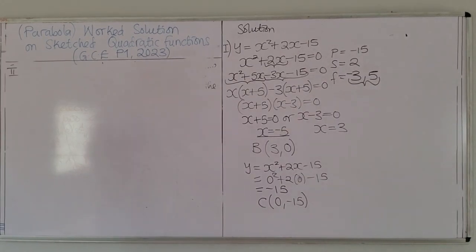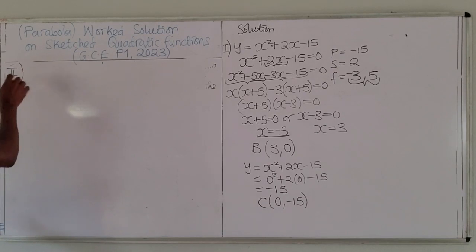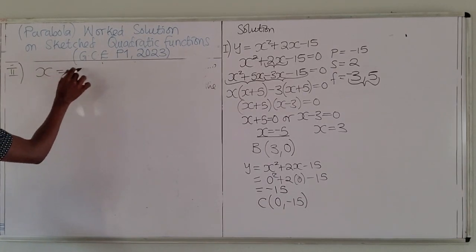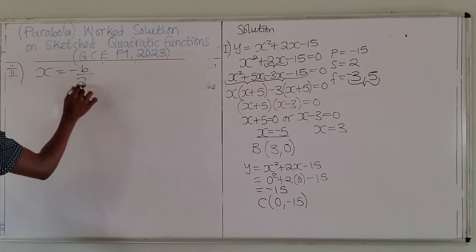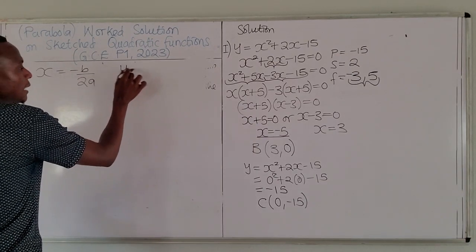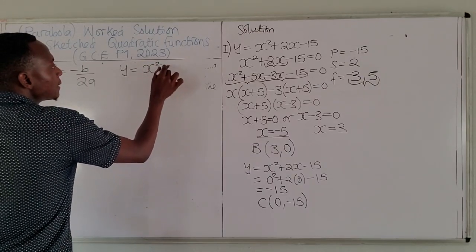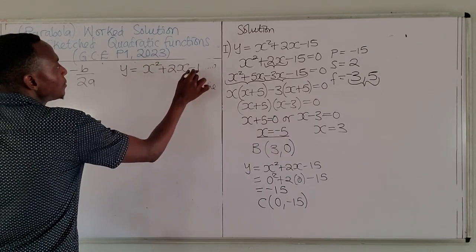As we have discussed earlier, in order for us to find the minimum value of a function, we make use of x is equal to negative b over 2a. We have the function y is equal to x squared plus 2x minus 15.